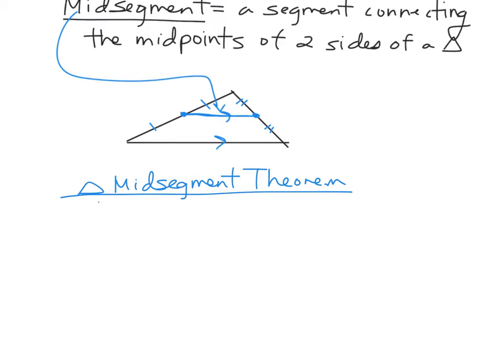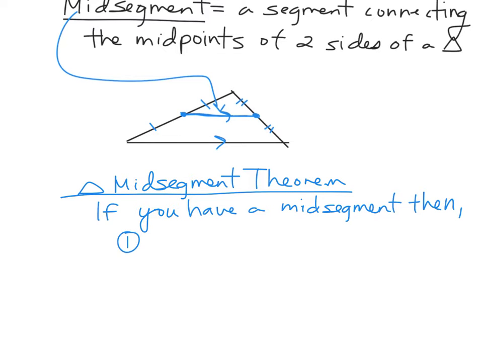If you have a midsegment, then these two things. Number one, it will be parallel to the third side.